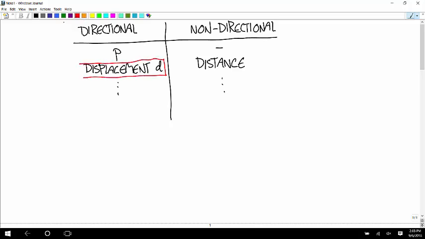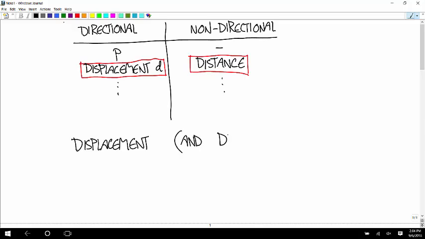But this is what we're on right now: the relationship between displacement and distance, how you calculate each one of those. So displacement and distance.